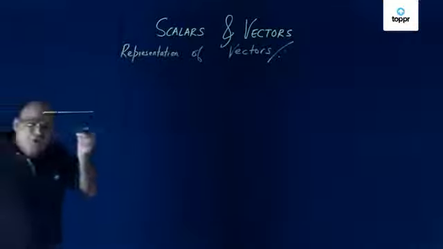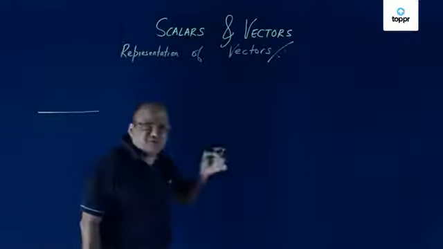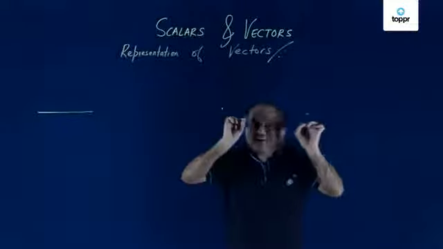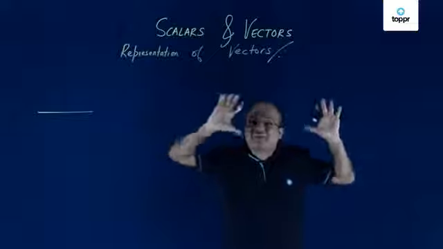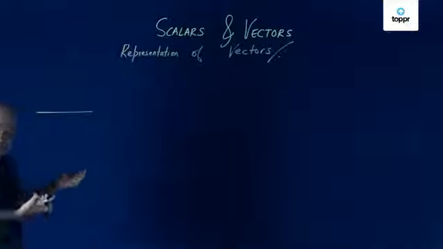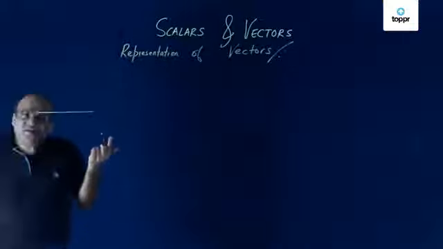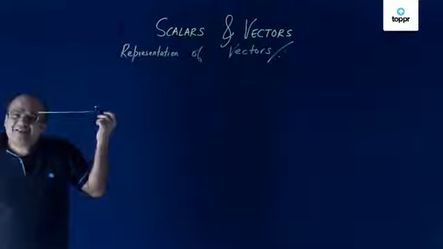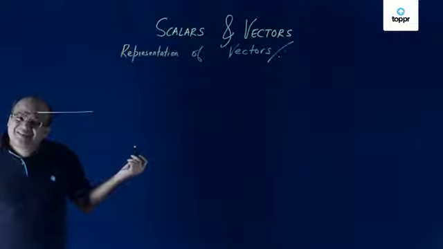Whenever we have got two options, we use plus and minus sign. Charges are of two types. One type of charge we call plus, other type of charge we call minus. So same way, here we can use plus and minus sign for direction.